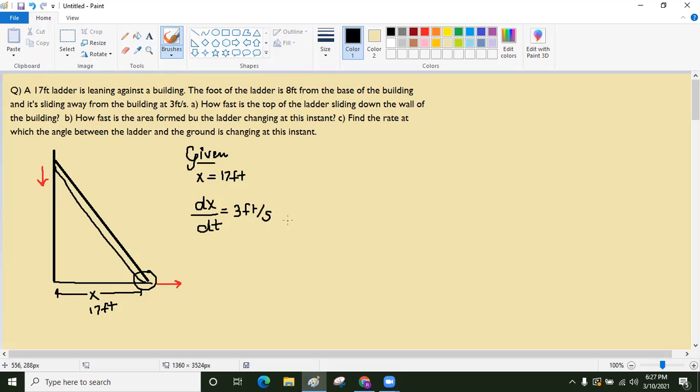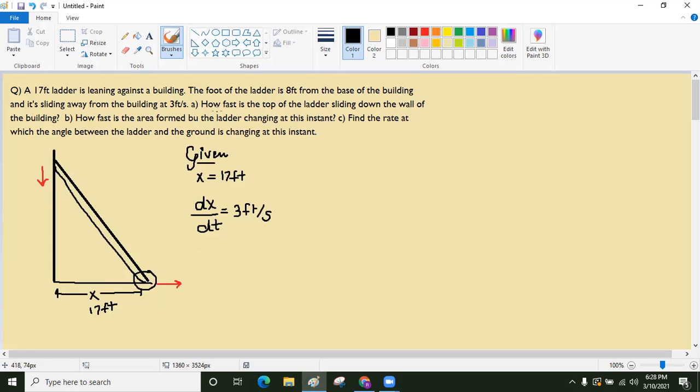Wherever you have two measurements, and one of those measurements is a distance or a length, and the other is a unit of time, we can understand that we have a rate. So dx over dt is in fact a rate in this particular condition. And it's saying that while the length is 17 feet, the rate of change at which the base of the ladder moves away from the wall is 3 feet per second.